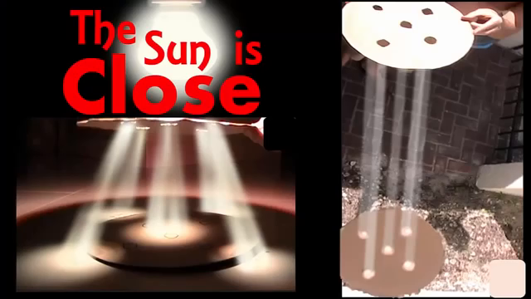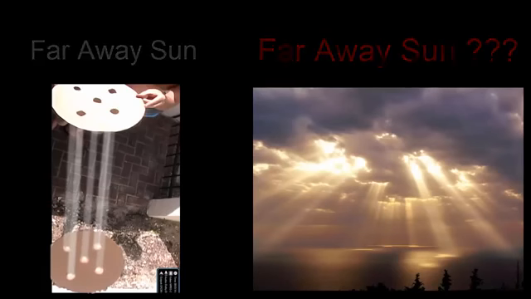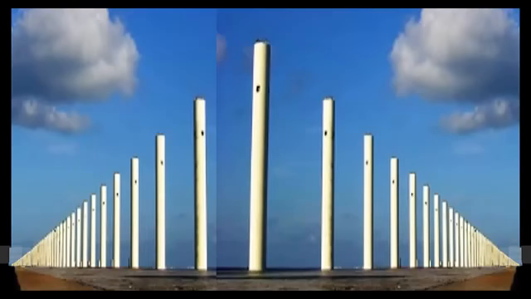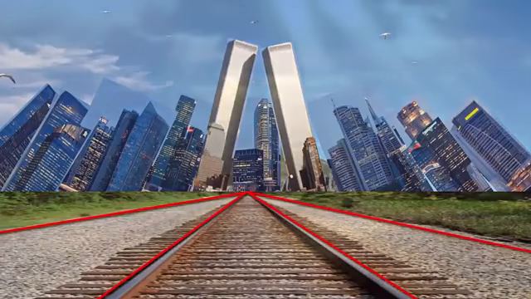So let's recap. In my experiment, I showed that when the sun is close, the rays splay out, but when the sun is far, the rays are straight parallel beams. Yet, this is what they show us, this picture of crepuscular rays, and say that that's a faraway sun. Then I showed you how perspective can't explain what we see because it doesn't splay out things like these poles or these buildings.